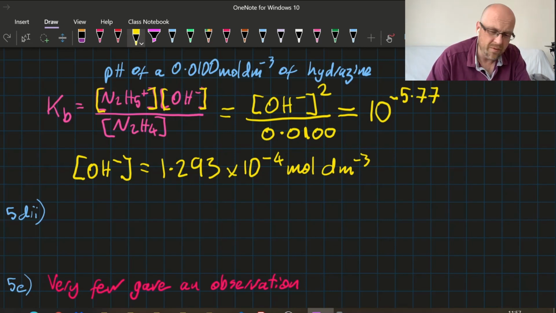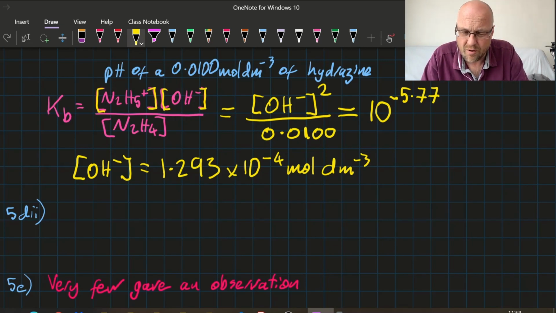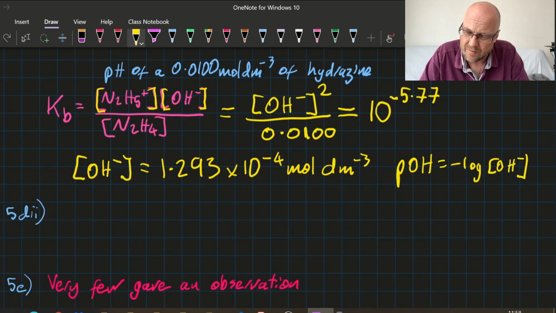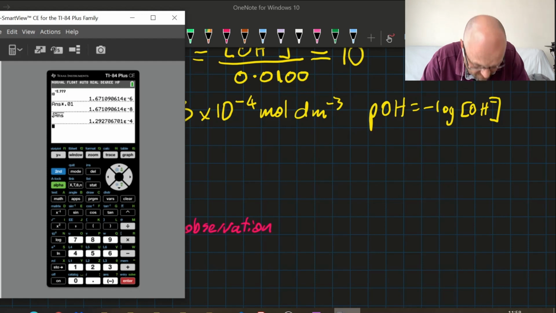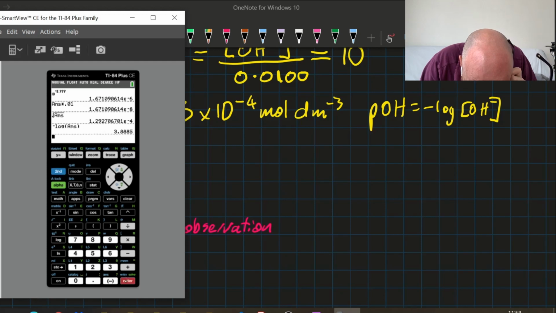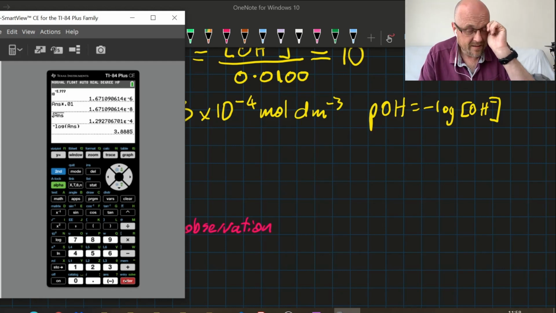So is it the pH I want? Okay, so now I'm going to work out the pOH, using pOH equals negative log OH minus. So let me work out the pOH. Negative, 3.89.